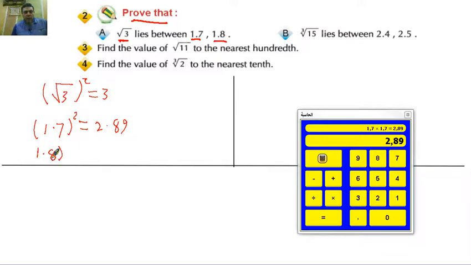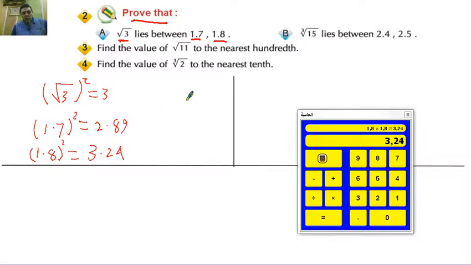1.8 squared: use the calculator, 1.8 times 1.8 equals 3.24.